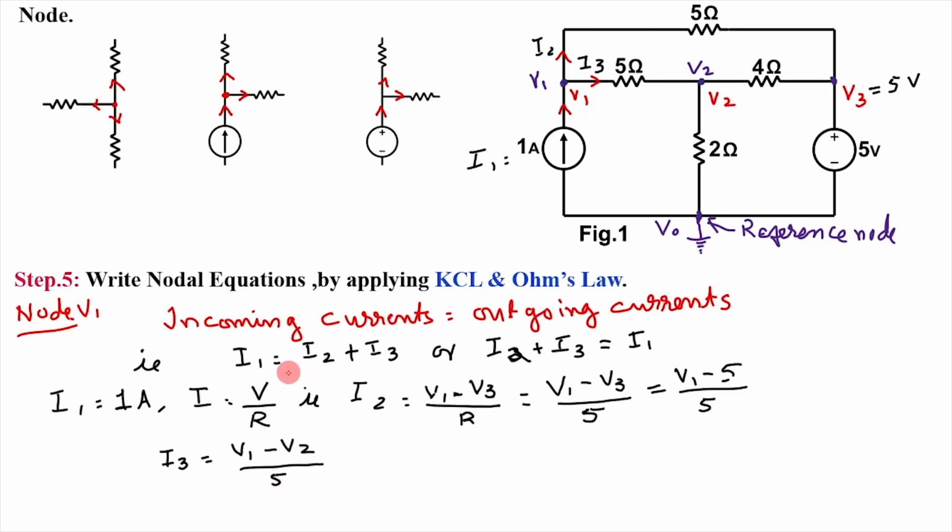Earlier we have seen that I2 plus I3 is equal to I1. This is equation 1. Substituting these values of I1, I2 and I3 in this equation, we can write I2 as V1 minus 5 by 5 plus I3, which is V1 minus V2 by 5, is equal to I1, which is this 1 ampere.